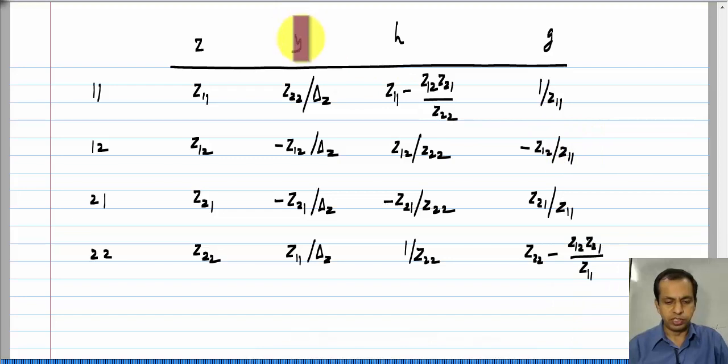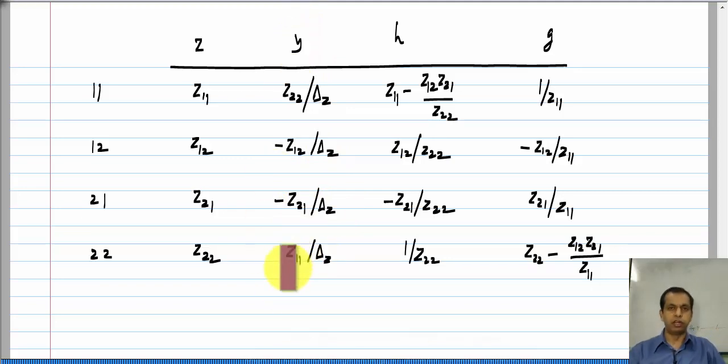For instance, if you look at y11, this you can do by inverting the 2 by 2 matrix. Y11 turns out to be z22 by delta z, where delta z means the determinant of the z parameter matrix. Similarly, y12 turns out to be minus z12 by delta z, y21 is minus z21 by delta z, and y22 is z11 by delta z.